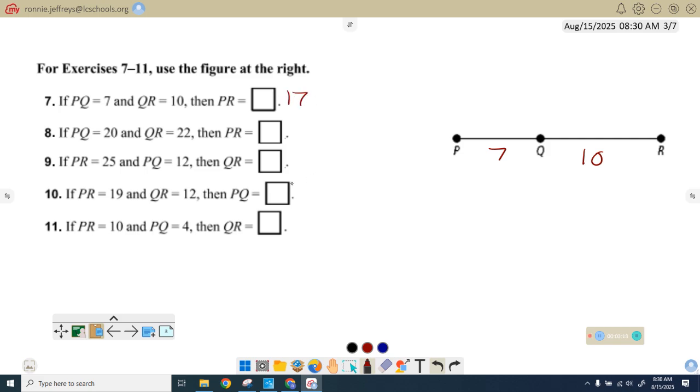Okay. You didn't write in the box. Yeah, so what? You can see it though. See? Don't put me in the box, man. All right. If this is 20 and this is 22, this would be 42.